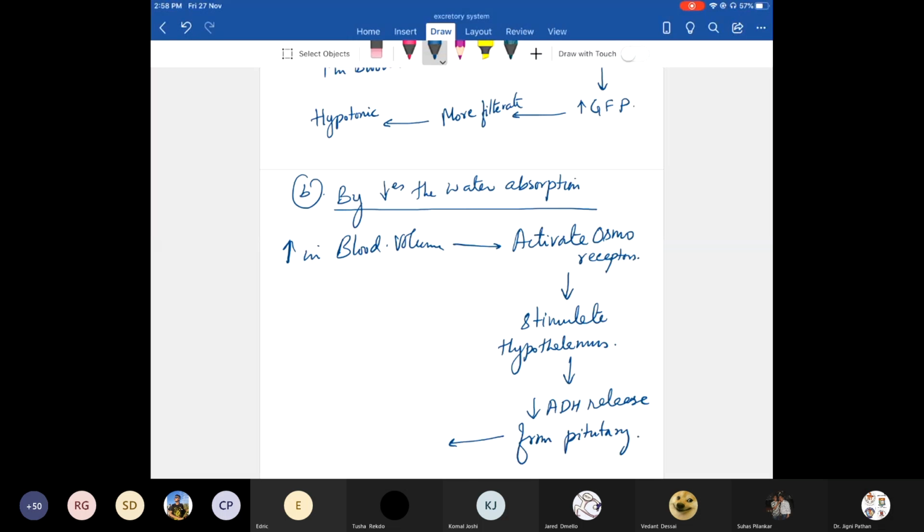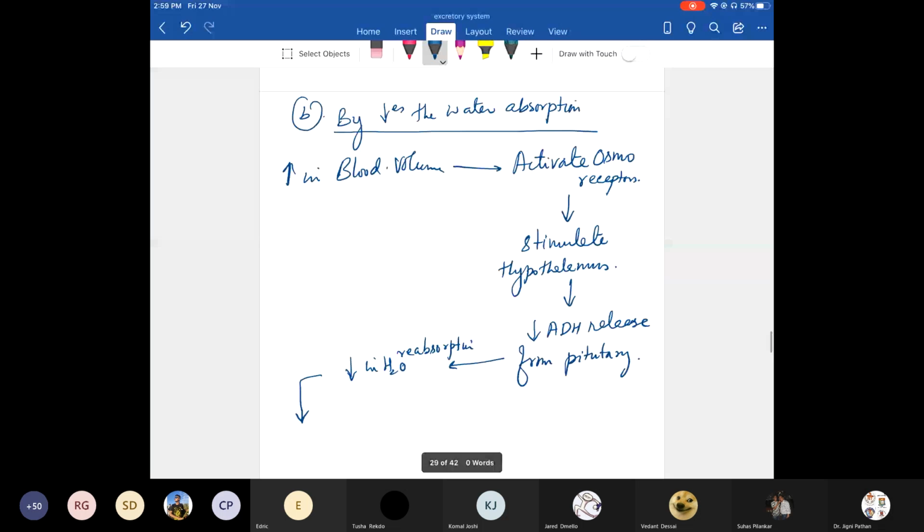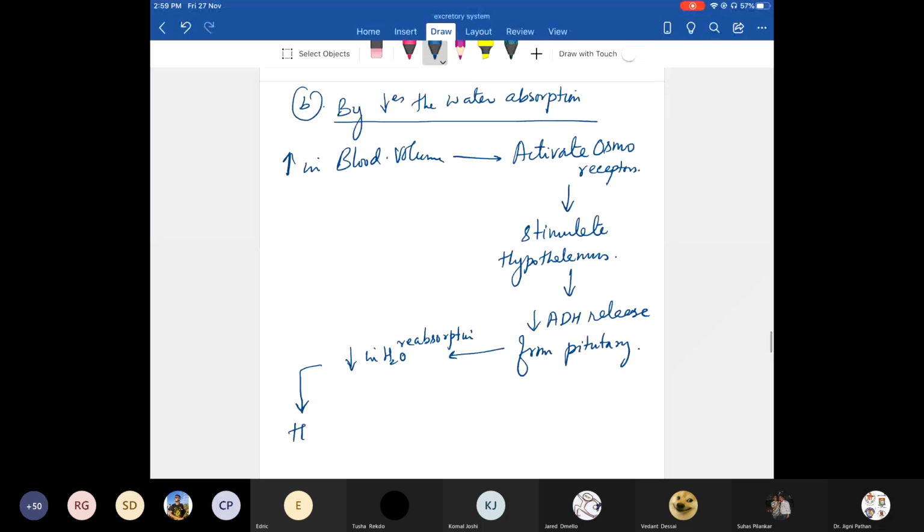When there's a decrease in ADH, it ultimately leads to decrease in water reabsorption from the DCT. When there is a decrease in water reabsorption, the result is hypotonic urine, right?